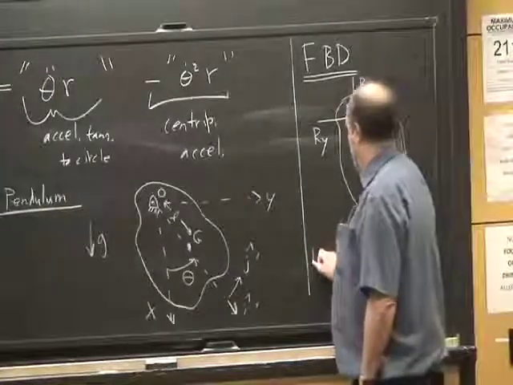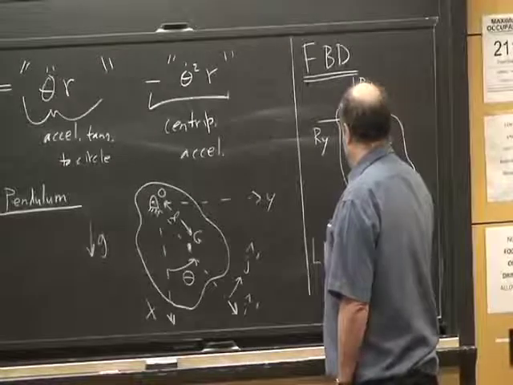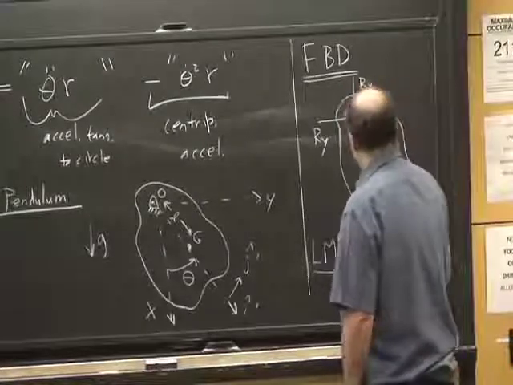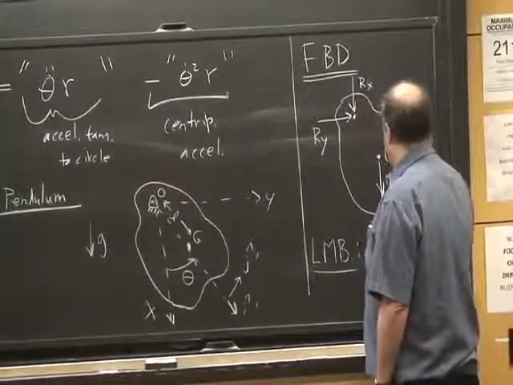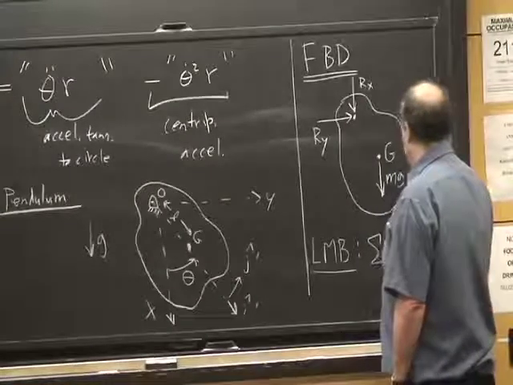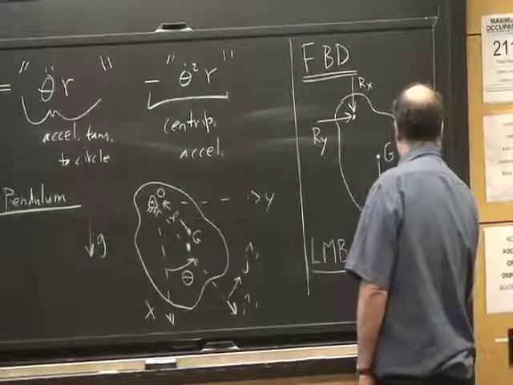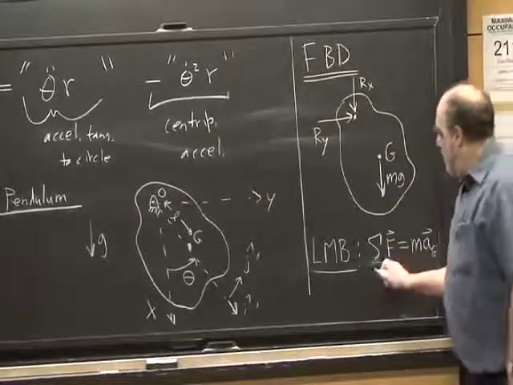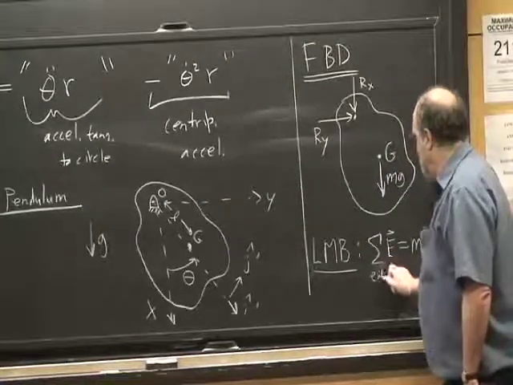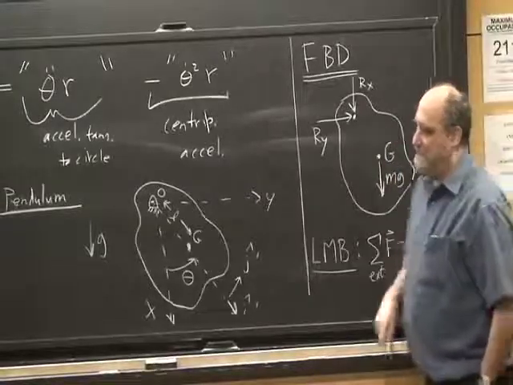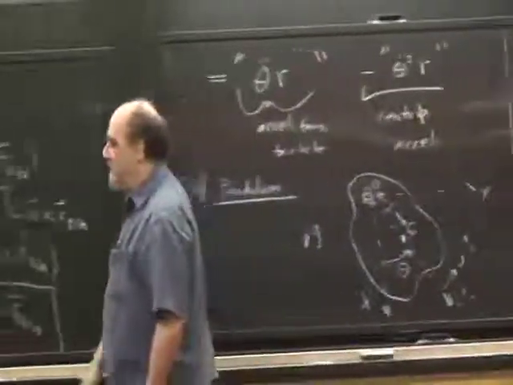So we have the linear momentum balance equation, and linear momentum balance says that on this system, the sum of all the external forces is the total mass times the acceleration of the center of mass. Always we mean the external forces. There are zillions of internal forces here because this is made of all kinds of atoms that are interacting.